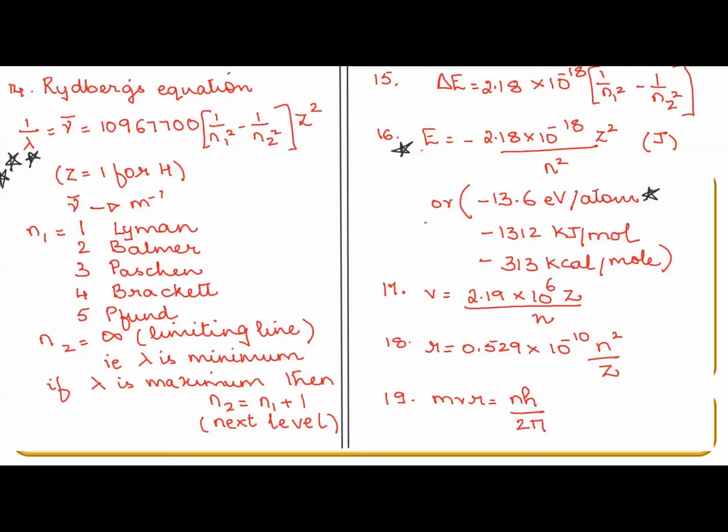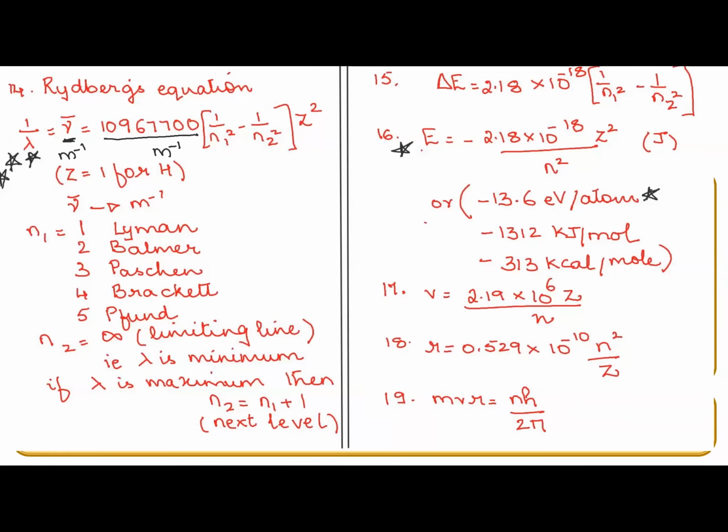As you see, I've given it 3 stars. It's an important formula. Hopefully you can remember that. And the Rydberg constant, I have seen in papers that it's given, but still I would like you to just memorize it and not take any chances. Now this Rydberg constant is in meter inverse, such that you get your wave number in meter inverse.